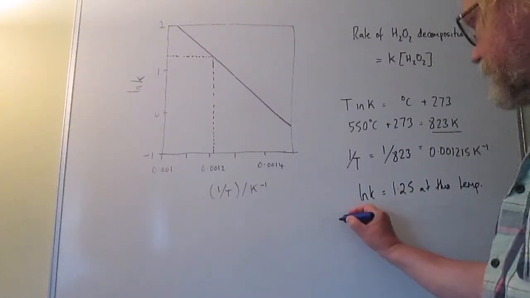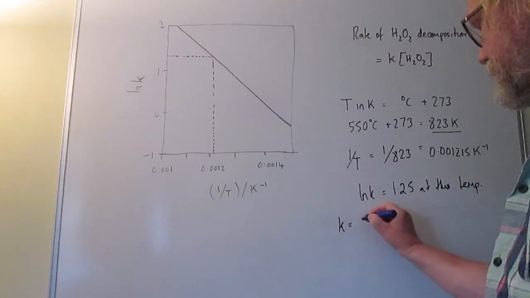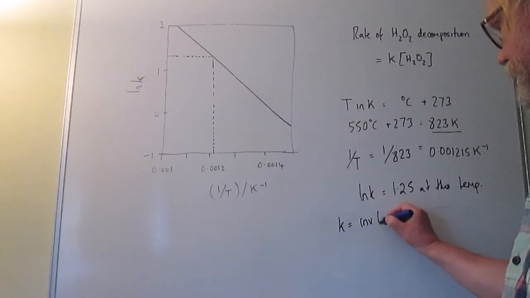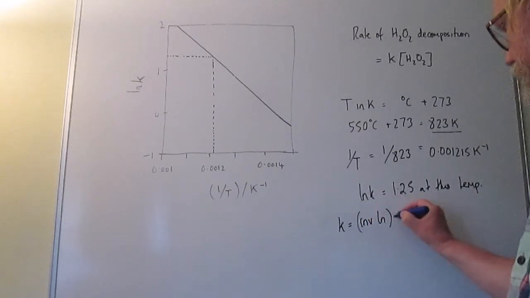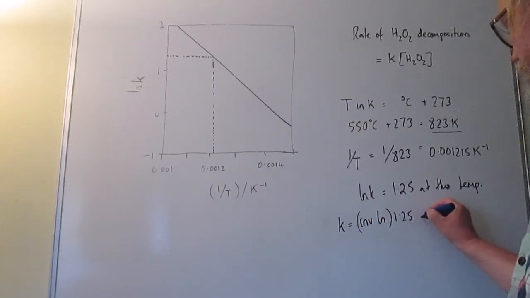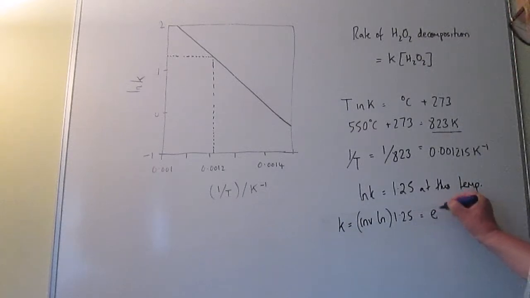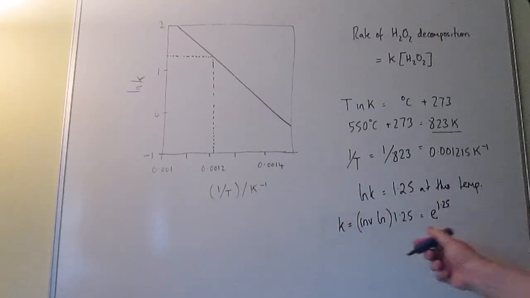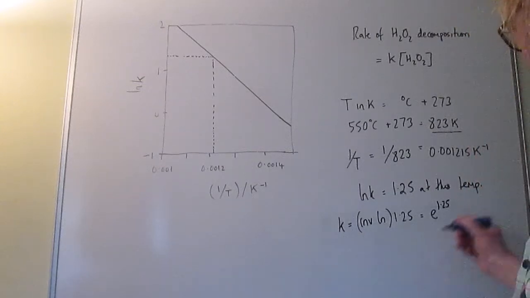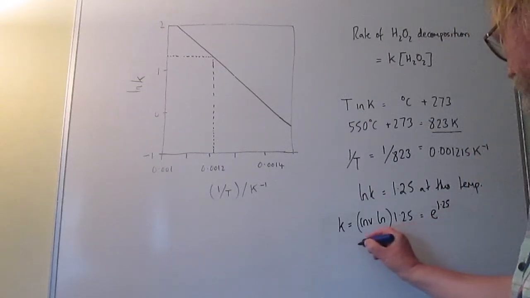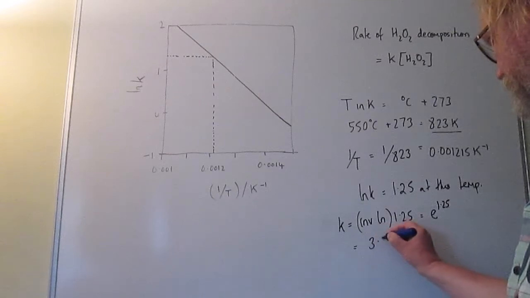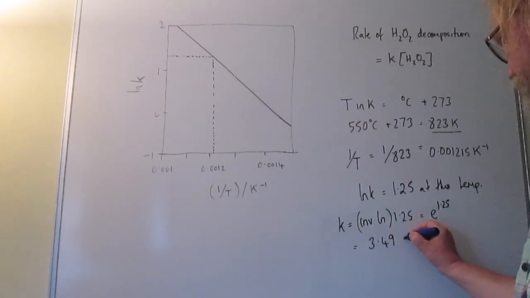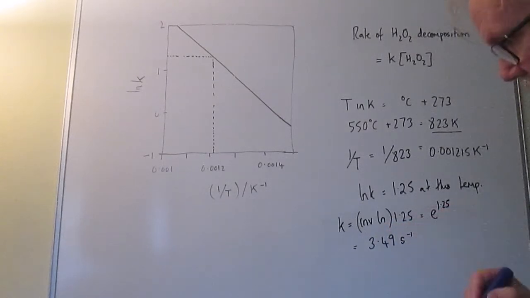So we get that K is equal to the inverse of the natural log of 1.25, which mathematically is equal to e to the power 1.25. So you can do it on your calculator, whichever way you want to think about it. It amounts to the same thing, and that comes out at 3.49. And remember, it's a first order rate constant, so the units are seconds to the minus 1.